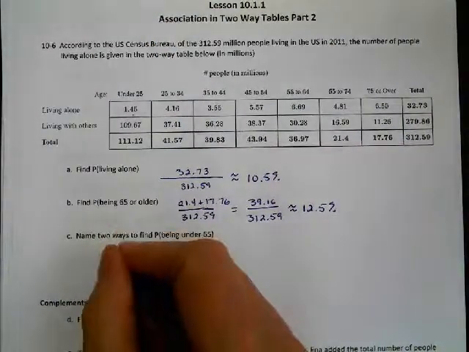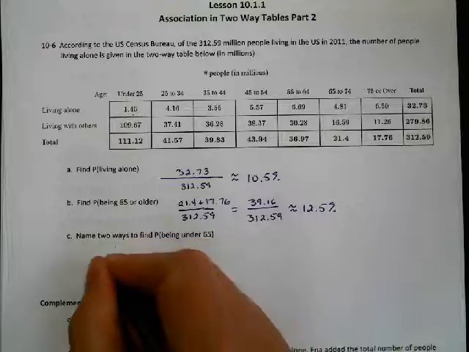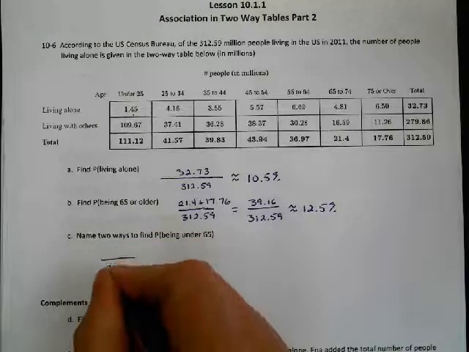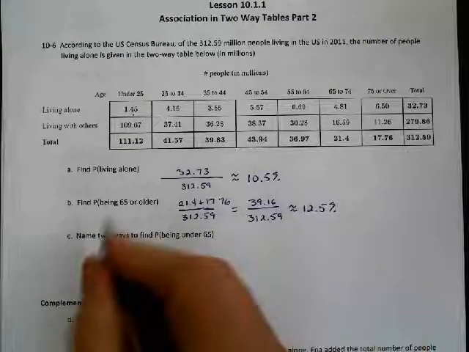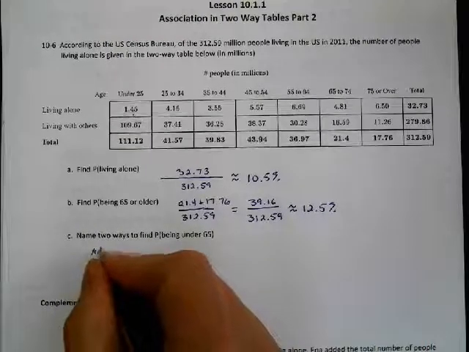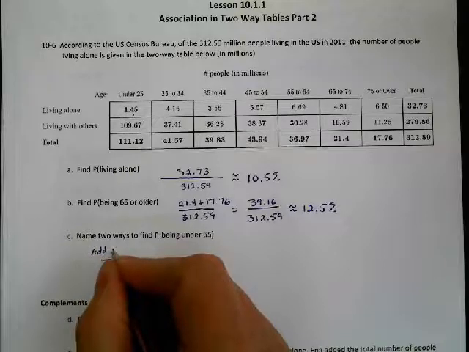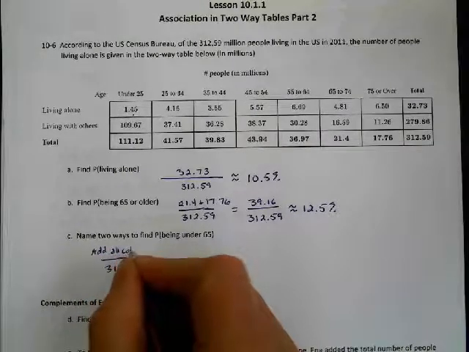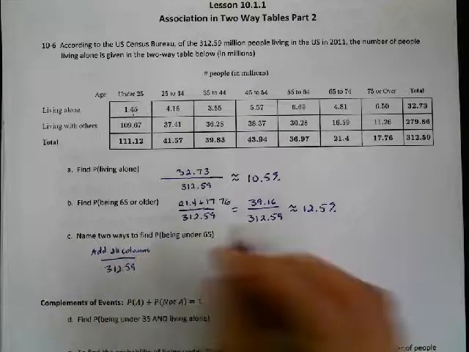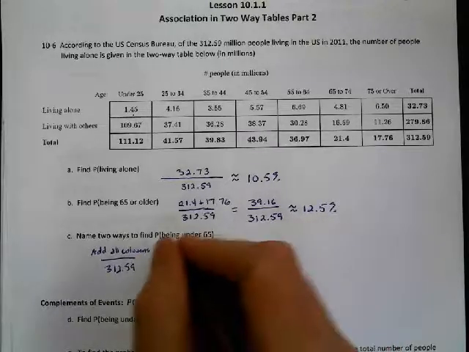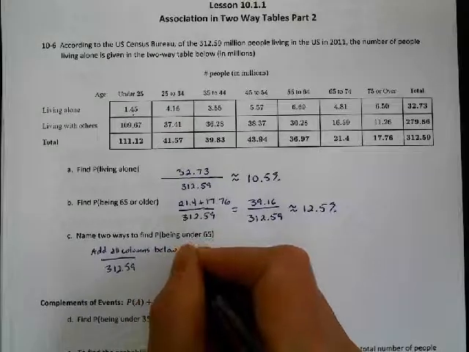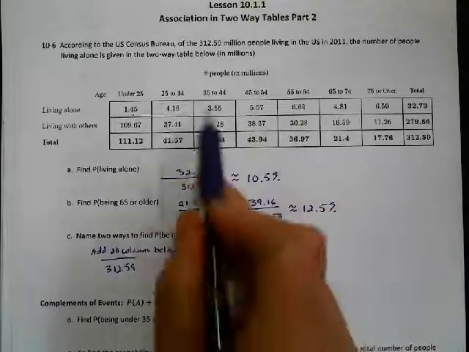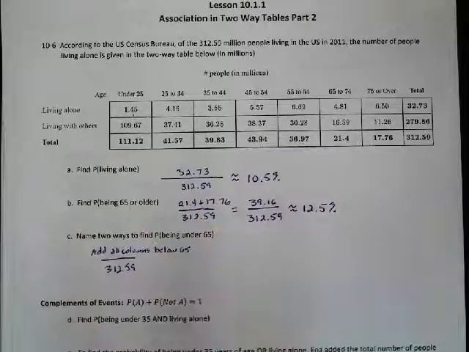So I could take 312.59 and then add all the columns below 65. That would be these 5 columns right there. That's a lot of work, though.